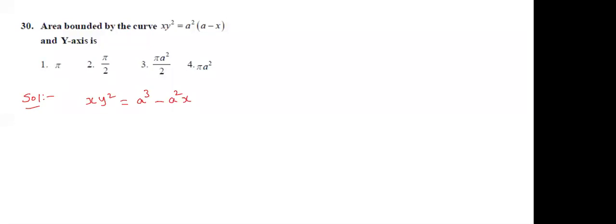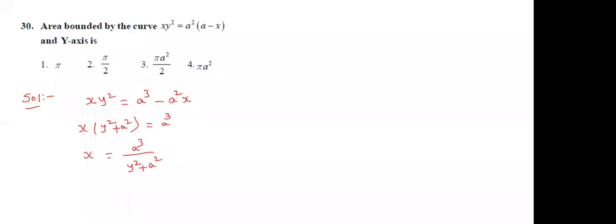Here separate the x value: take a square x to the left-hand side and take x common. You will get x into y square plus a square, that is equal to a cube. Here a is constant. x is equal to a cube divided by y square plus a square. Okay, students.